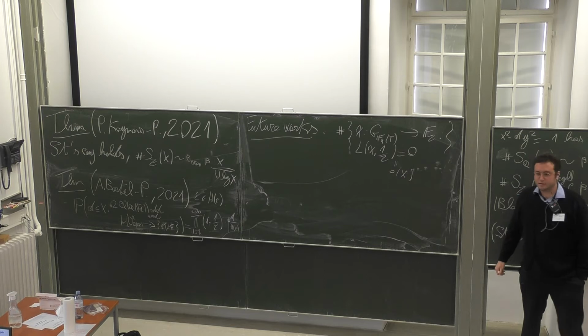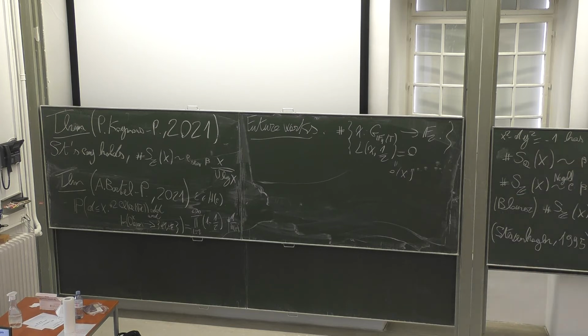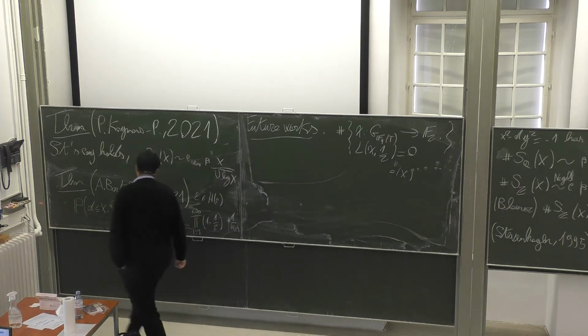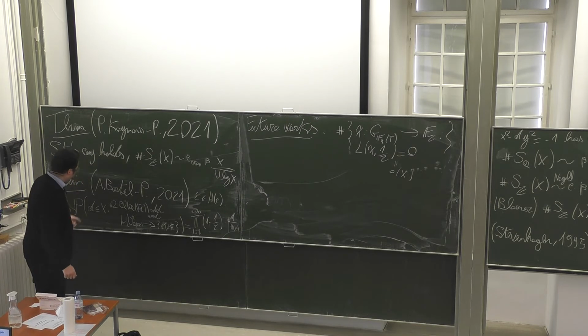Could you read out the statement of your second theorem again? Yeah, so I'm studying the proportion of the D up to X such that two events happen. The double of the class group is odd.